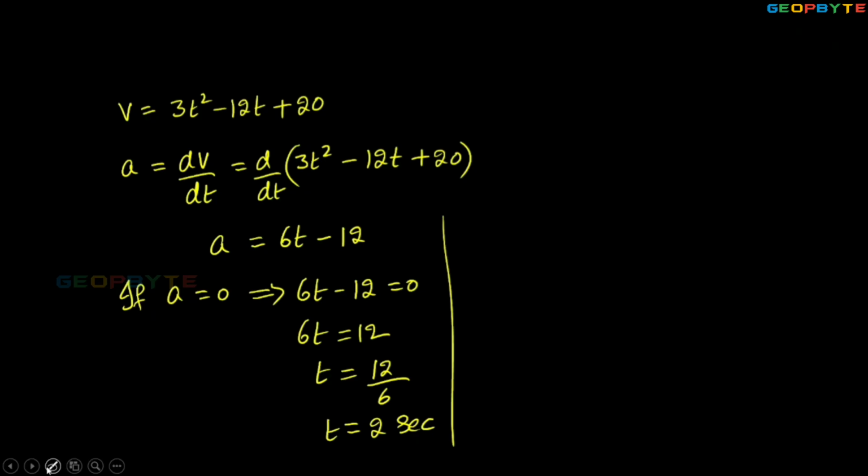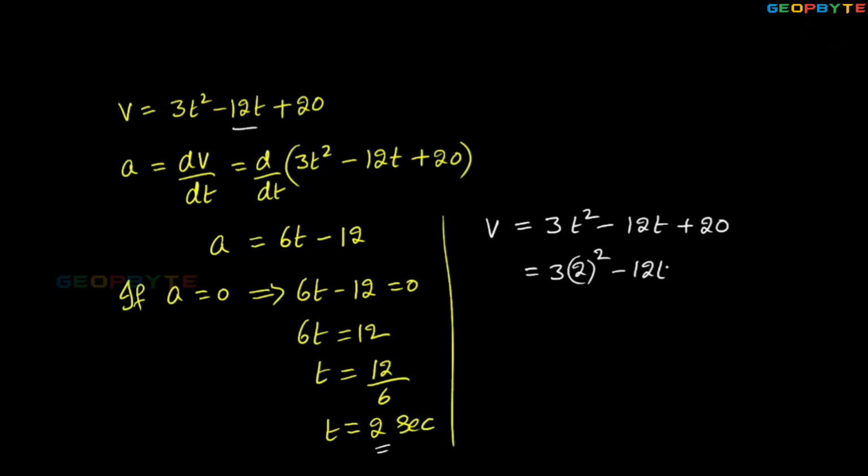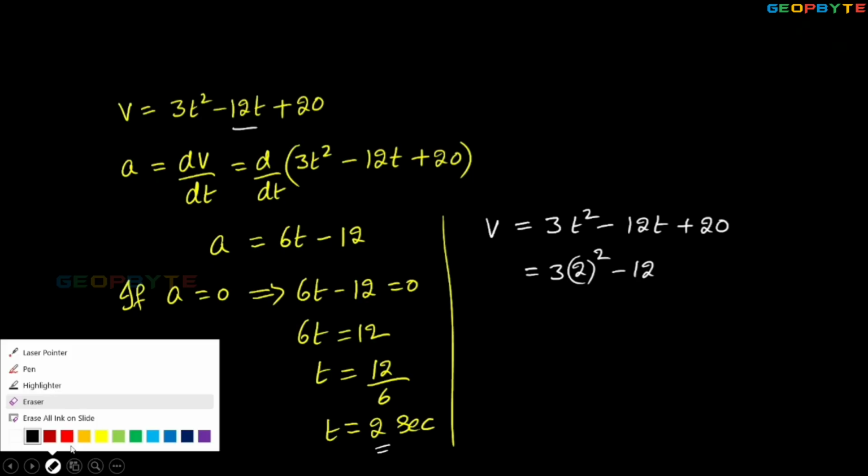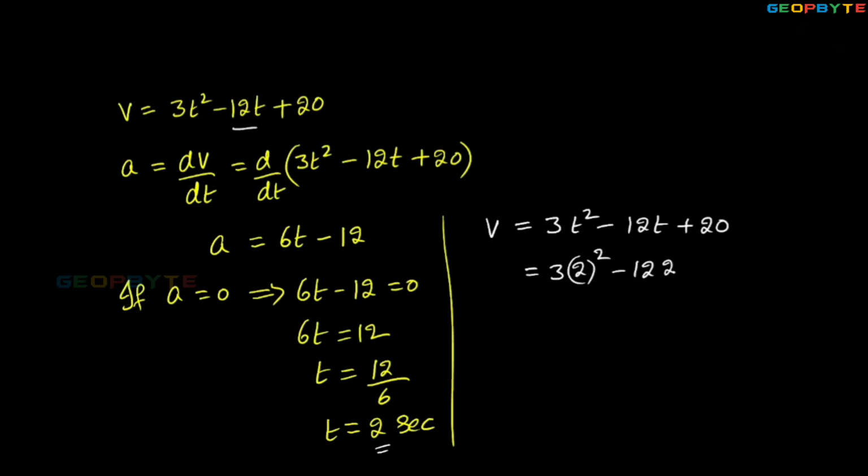Then look at the velocity. Here velocity v equal to 3t square minus 12t plus 20. It is equal to 3 into t is 2 seconds, 2 square, minus 12 into 2, plus 20.